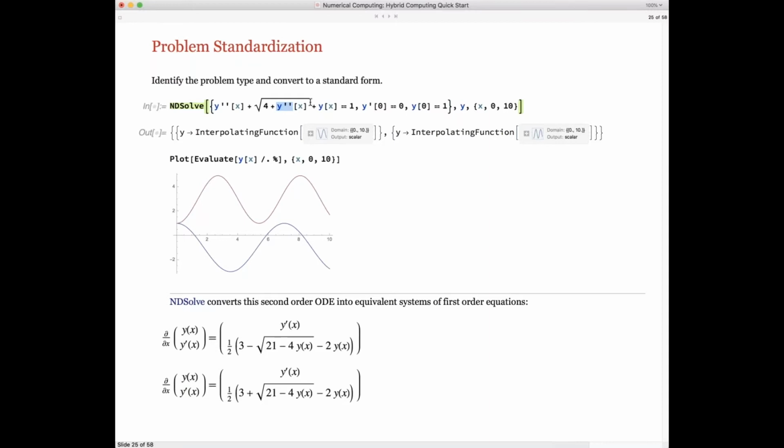NDSolve takes them both by first solving the implicit equations, converting into these two explicit systems of differential equations. In this standard form, they are passed to a suitable ordinary differential equation integration algorithm to get the result.